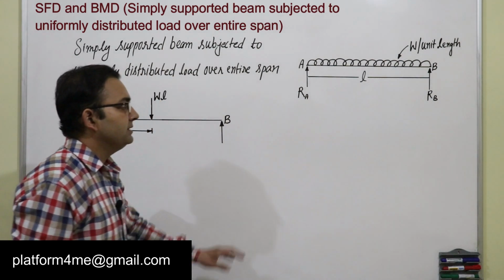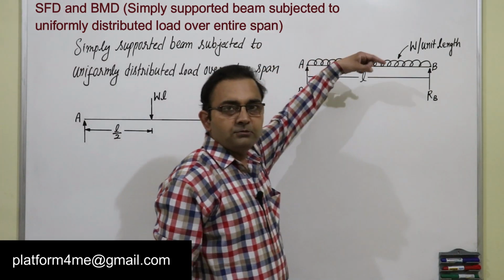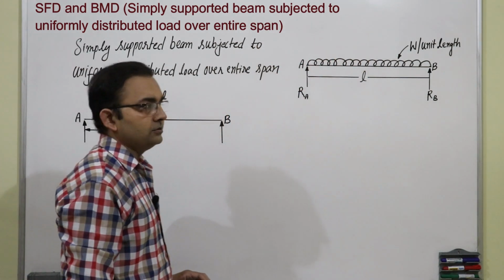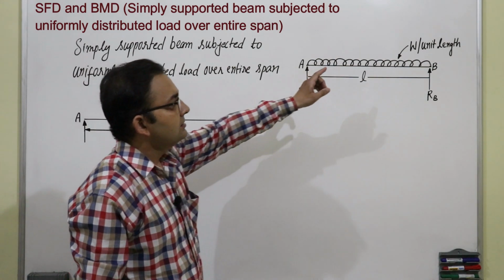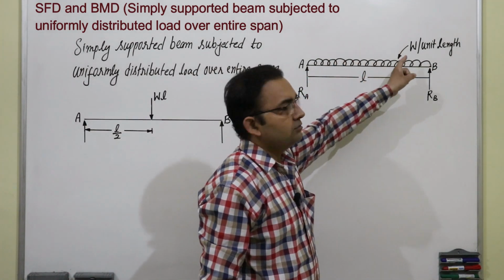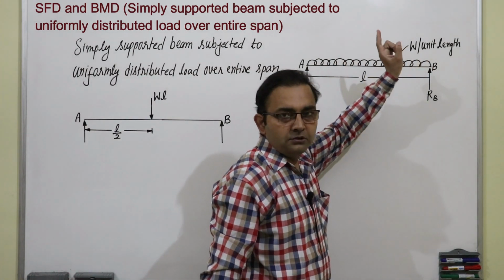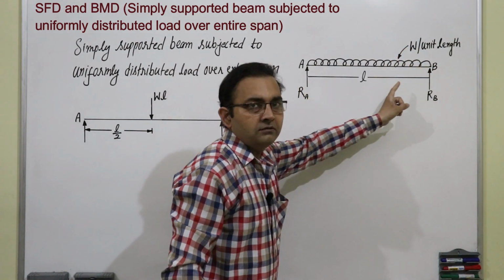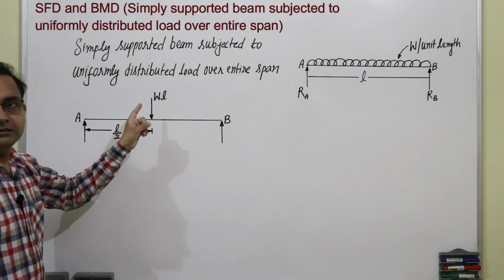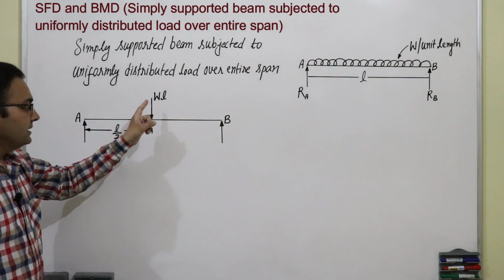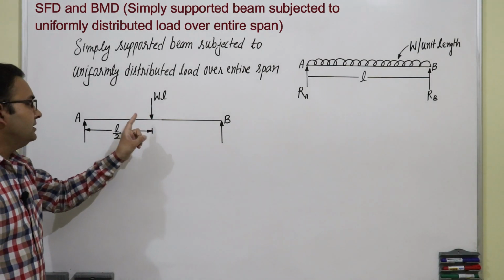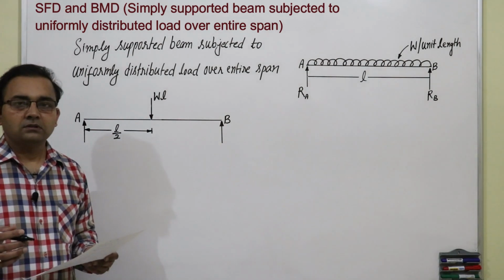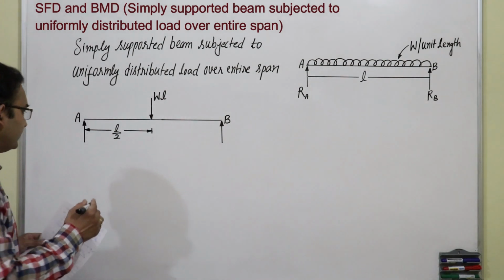For that we will convert this uniformly distributed load into the point load. We can see here W is the weight per unit length. For unit length weight is W, for L length weight is WL and it will act at the mid of AB.